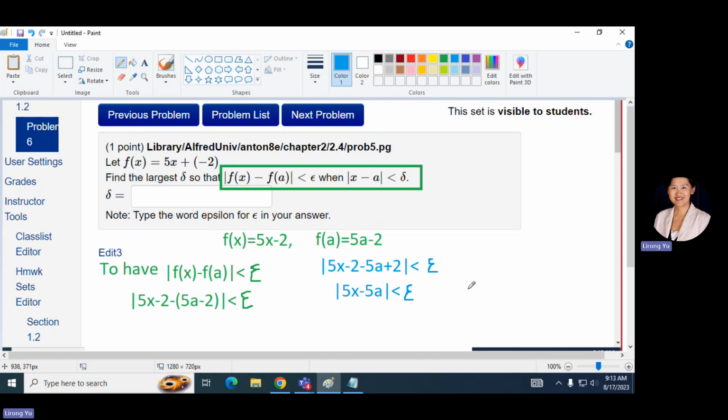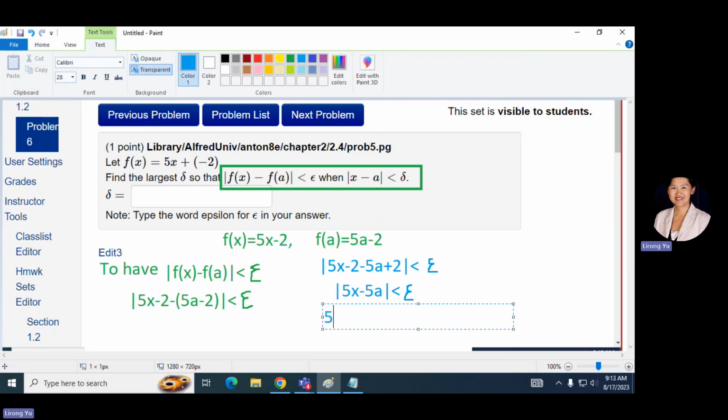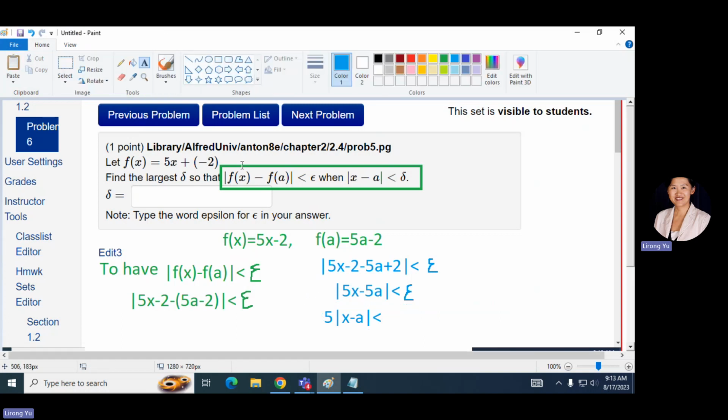What we wanted to get is the absolute value of x minus a. We don't want to have this, but now we have this. Your goal is here, but you're here. We're not that far away. The only thing we need to do is factor out the 5, so we have 5 times the absolute value of x minus a, which is less than epsilon.